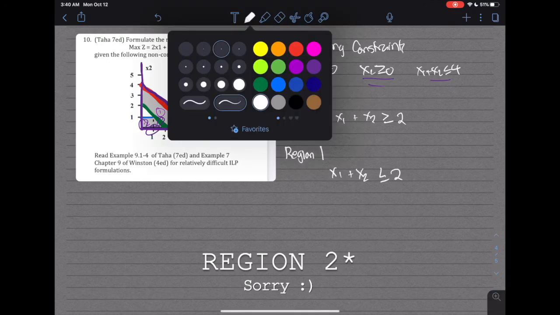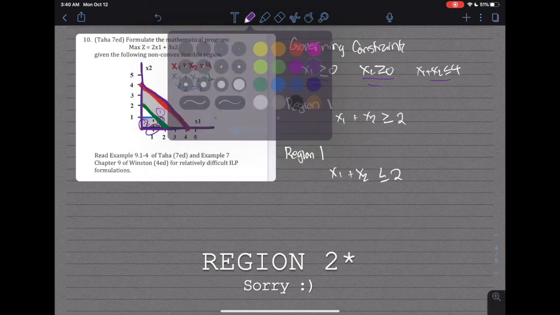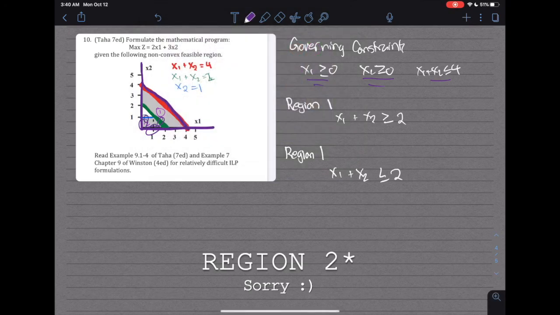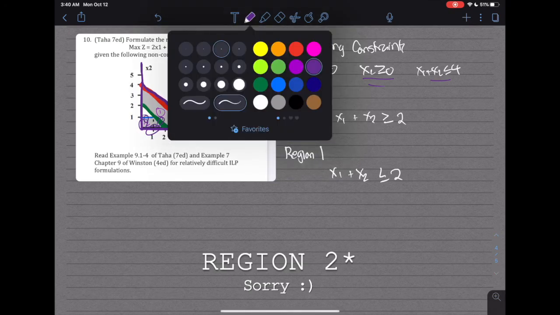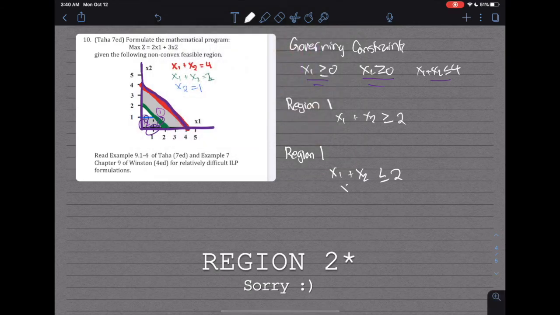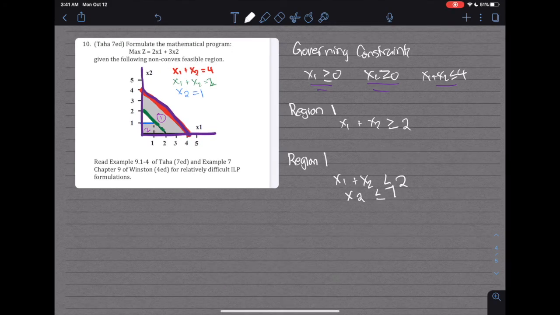And this constraint is defined by x2 is less than or equal to 1. Apologies, this should be region 2, not region 1.